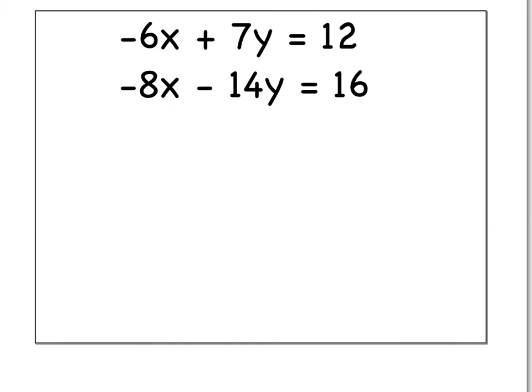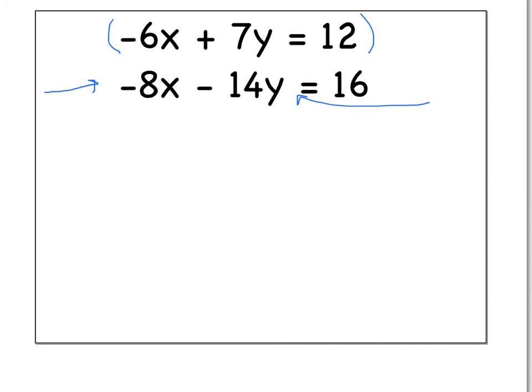On the next problem, I do not have opposites with my x's, and I do not have opposites with my y's. But what I notice is 7 can go into 14, and so if I look at that bottom equation, I could create the opposite of a minus 14y by making this top one a positive 14y.